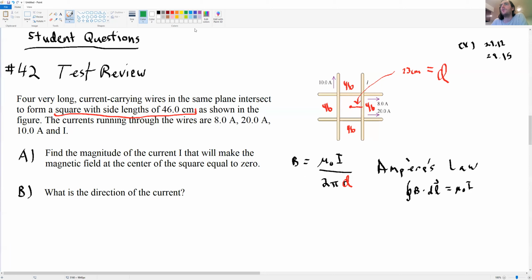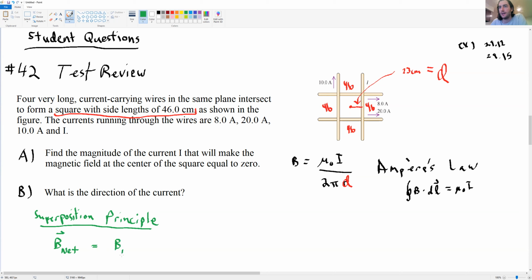Okay, so now what you'd want to do is apply the principle of superposition. Or in other words, the superposition principle. It's just a fancy way of saying add up all the vectors to get the net magnetic field. So B net will be equal to the sum of each of those B's.